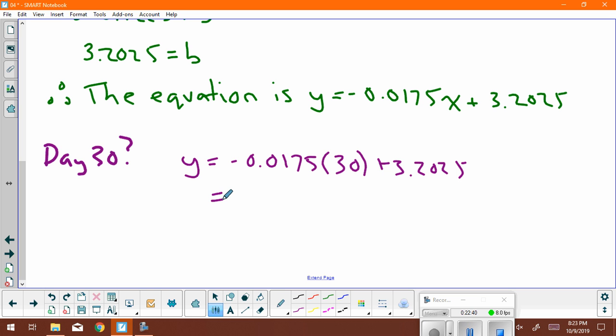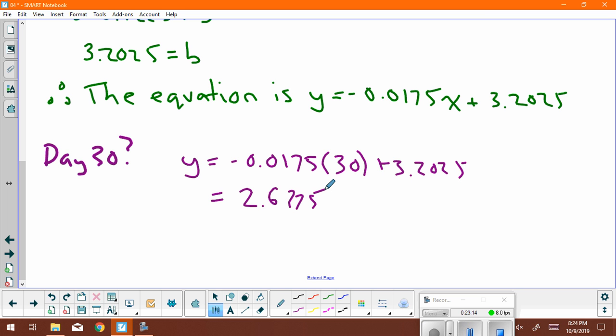So the calculator work there gives 2.6775, which is around 2 2/3.